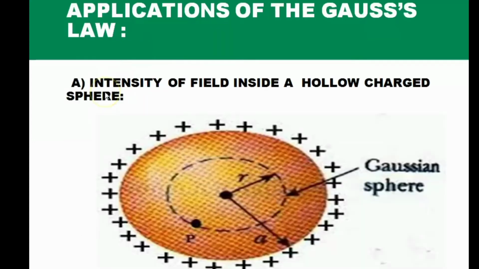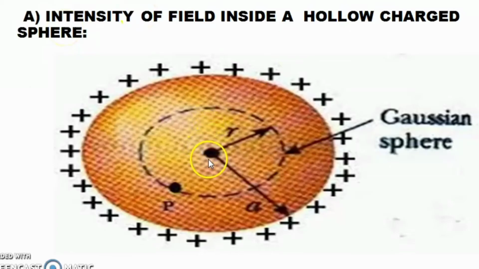Here, there is no charge enclosed by this Gaussian surface. So here we have Q equal to 0. And if Q is equal to 0, then the total flux through the Gaussian surface is also equal to 0.